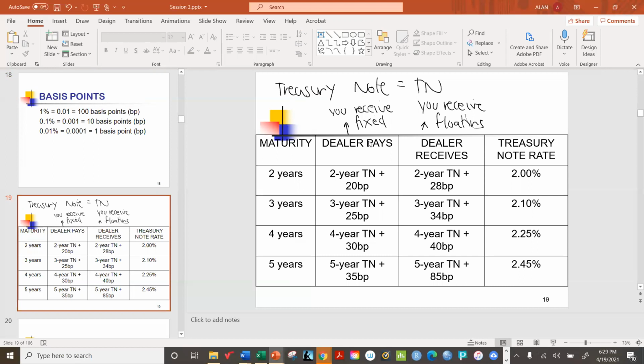Then you're going to pay the dealer for this 2-year fixed rate interest rate swap, 2-year treasury note yield plus 28 basis points. And you notice the spread between the two is 8 basis points. That's the bid-ask spread.